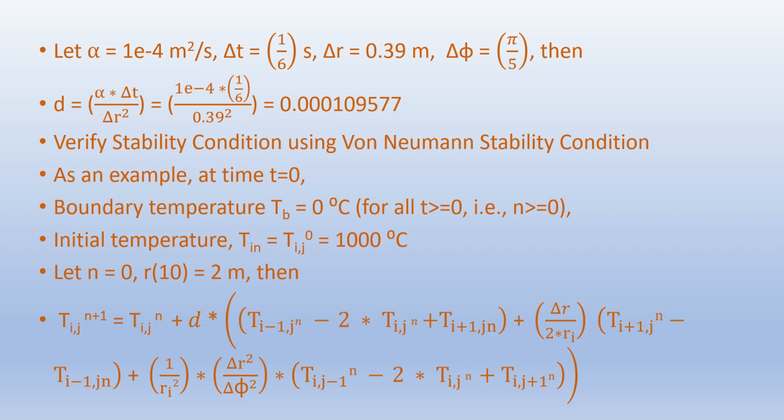Let n equal 0 and r10 equal 2 meters. So at the 10th step, based on the heart equation, we get a radius value of 2 meters.